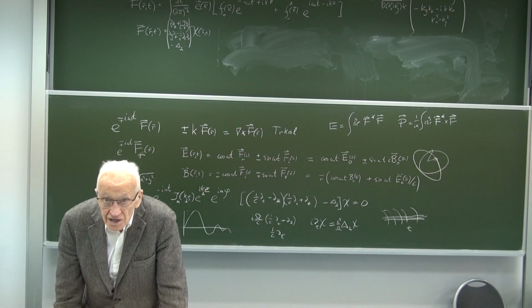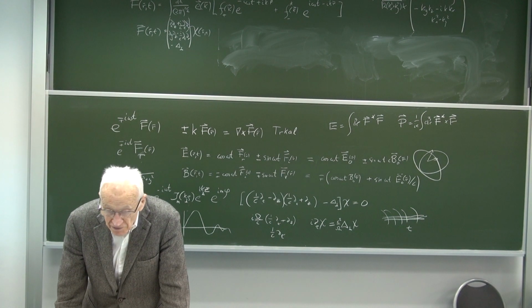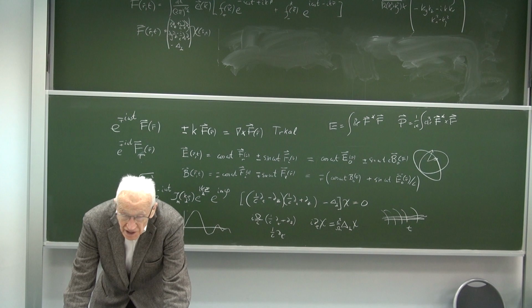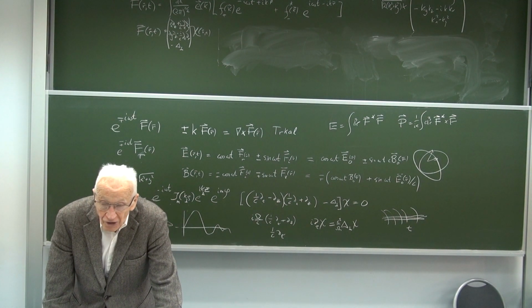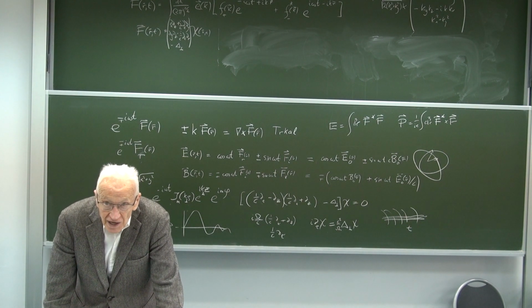And some people even try to use such solutions to describe ball lightning. Ball lightning still does not have a well-developed theory, but of course that effort failed, because we know that ball lightning involves not only the purely electromagnetic field, but there is a lot of plasma in it.